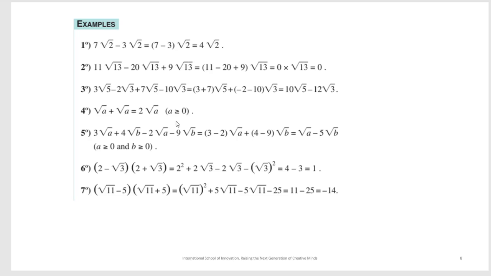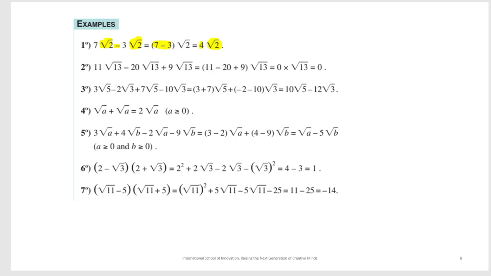So let's take some examples. 7 radical 2 minus 3 radical 2. With minus, it's the same. So 7 radical 2 minus 3 radical 2. We will suppose that the radical 2 is the apple here or the x. So 7x minus 3x. 7 minus 3 is 4 radical 2 only. So it's 4 radical 2.